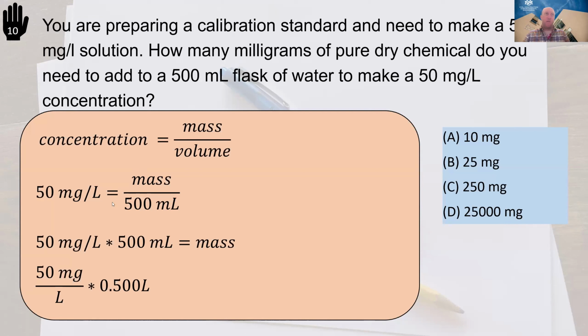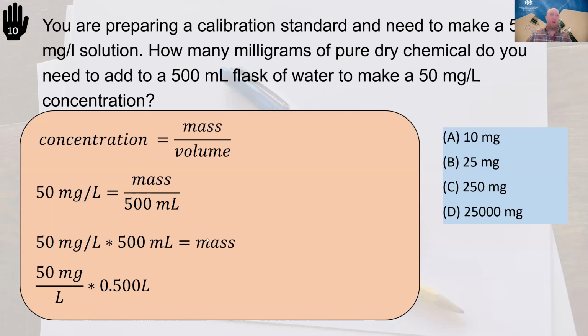If you're not familiar with cross multiplication, let me know, or you can do some Googling, and there's lots of information out there, but I'm happy to help anybody with that. And so then we end up with this equation: 50 milligrams per liter times 500 milliliters equals the mass. We can just calculate this through, but we want to end up with a mass as our unit, which is just milligrams.